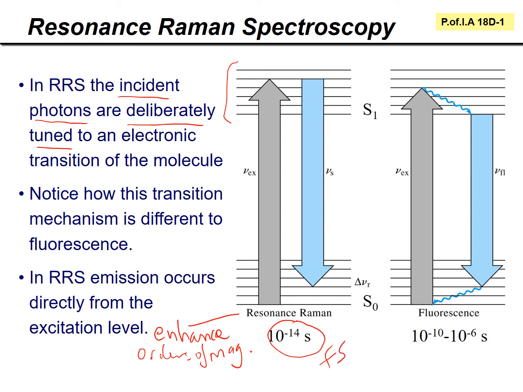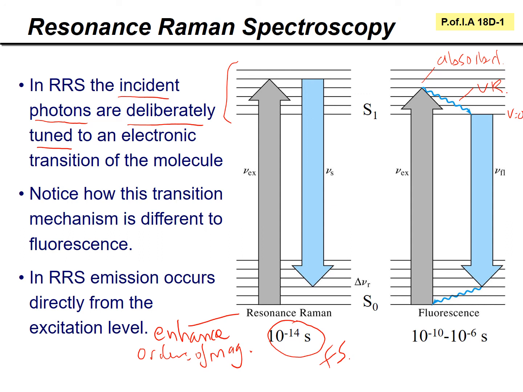That is femtoseconds. Whereas what we were talking about earlier with fluorescence, when we're on resonance with the electronic transition, the photon is actually absorbed. Then there is vibrational relaxation, and then fluorescence from the bottom of S1, from that lowest V=0 state.